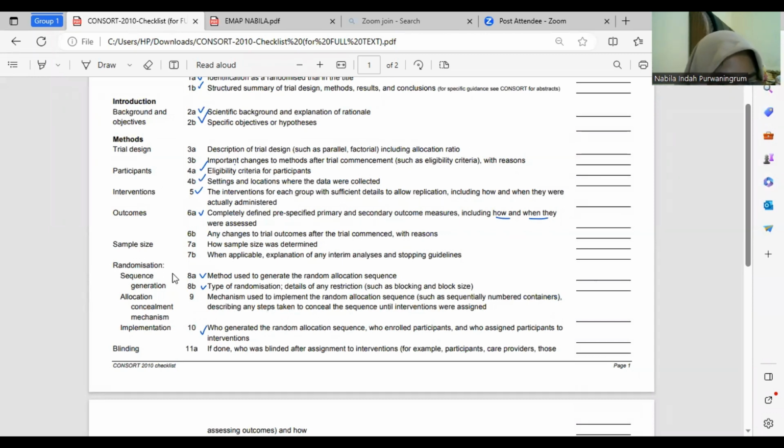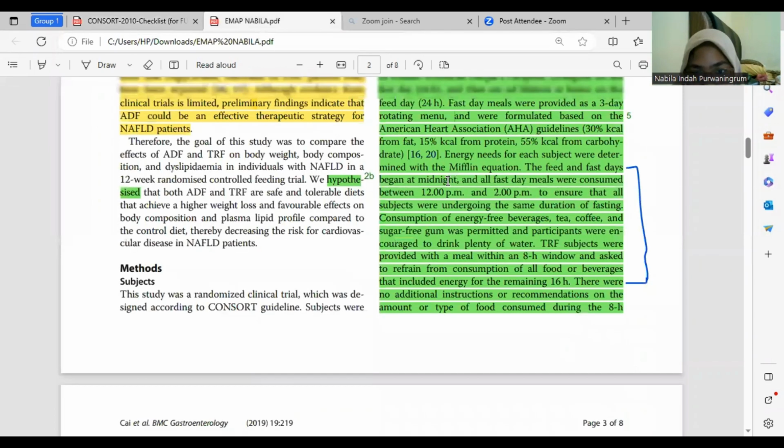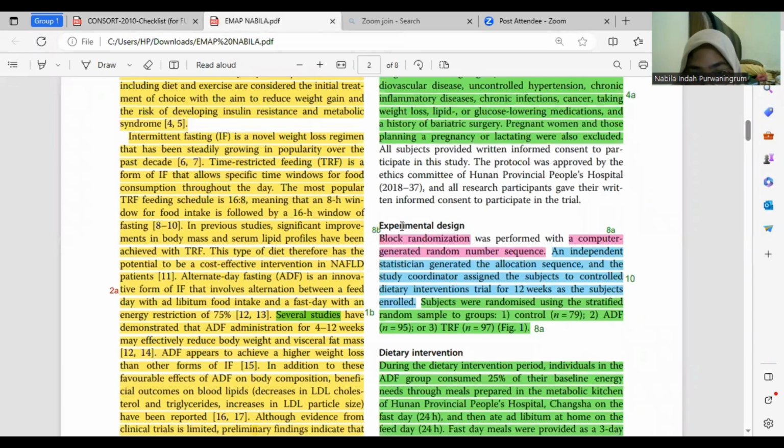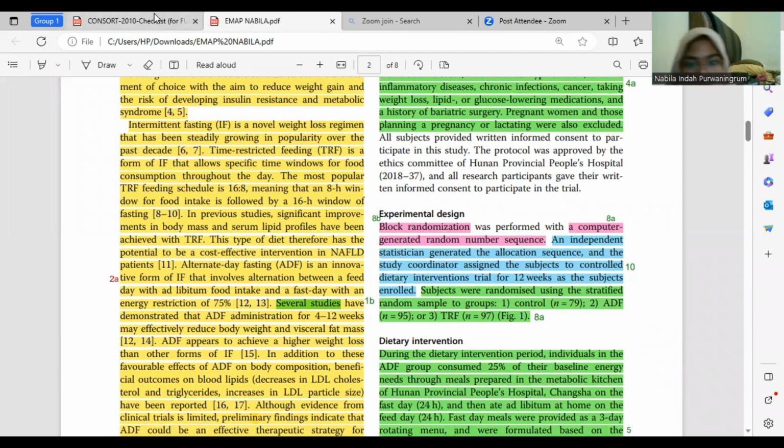Next is randomization, the sequence generation. It's 8A: the method used to generate the random allocation sequence. We can see it here. This is 8A, where they use a computer-generated random number sequence.